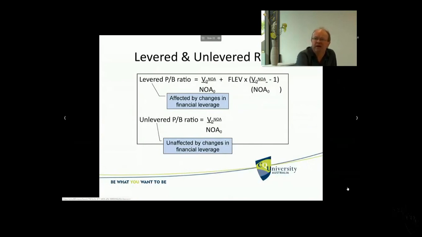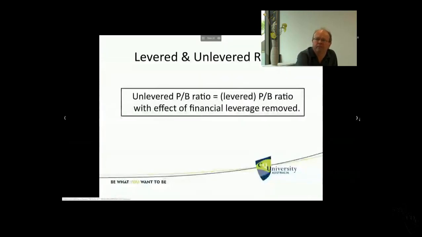And we looked at the relationship between levered and unlevered ratios. So we can view the unlevered price-to-book ratio, or any unlevered ratio, as the levered ratio with the effect of financial leverage removed.